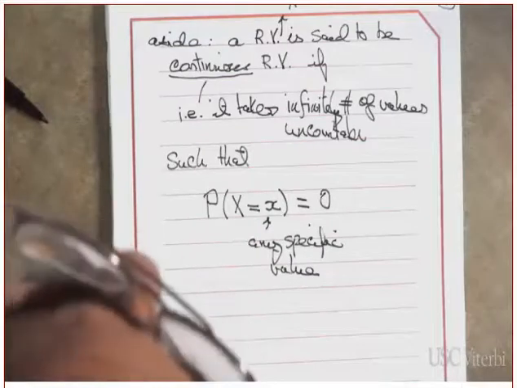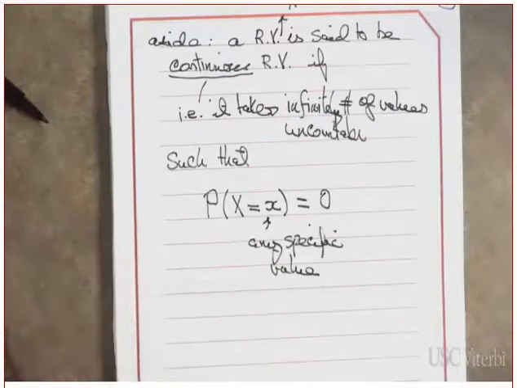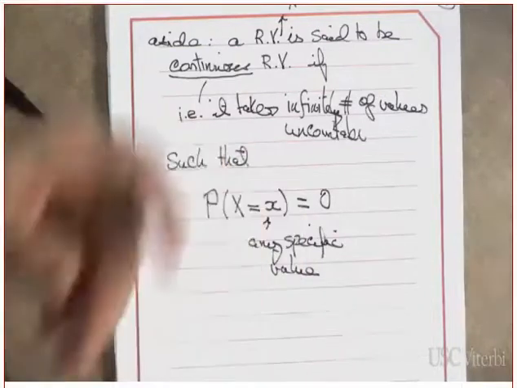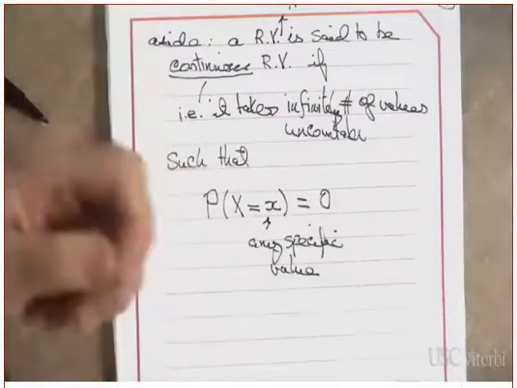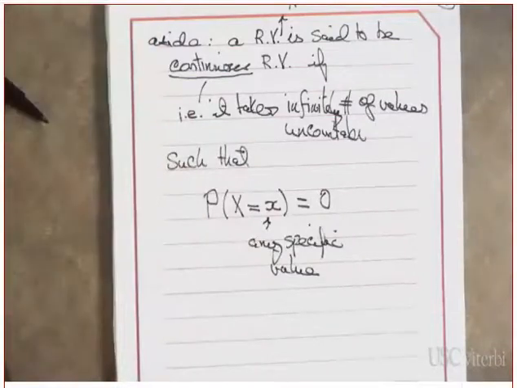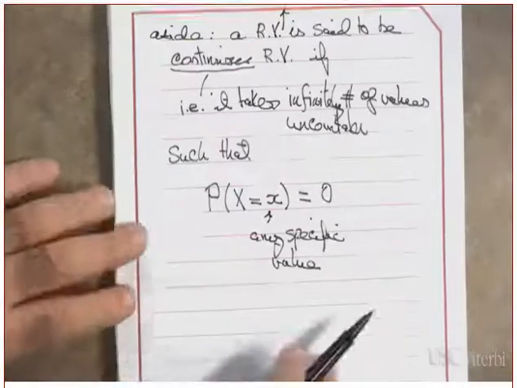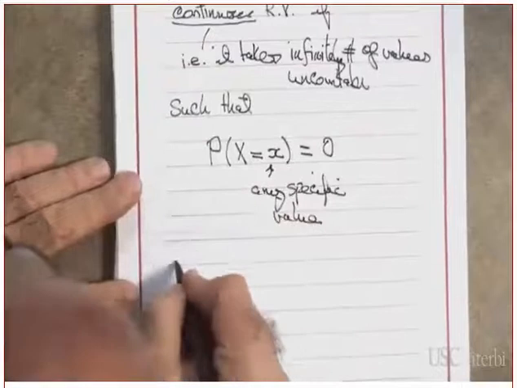Infinitely uncountable. What is the probability that it is equal to 0.5? 0. What is the probability that it's equal to 0.4? 0. That does not mean that they will not happen. It just means that the probability that it will happen is infinitesimally small. Clear?